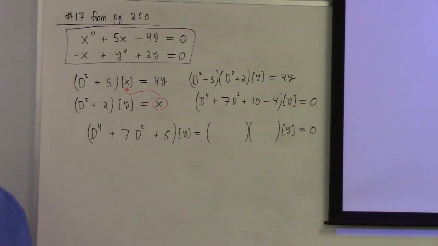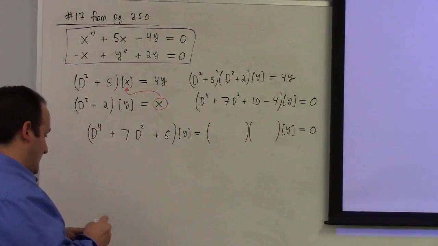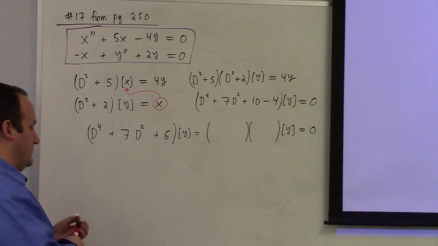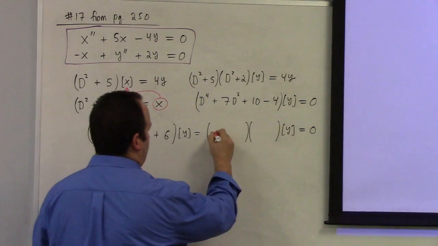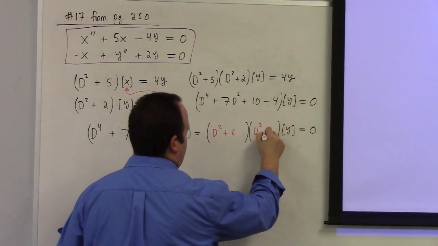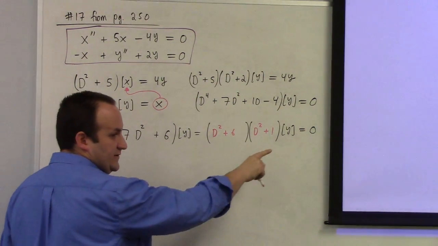Let's see here. Anyway, I think that factors, right? Thank you. (D squared plus 6)(D squared plus 1). We have a winner. And so I can read the solution right off of that.